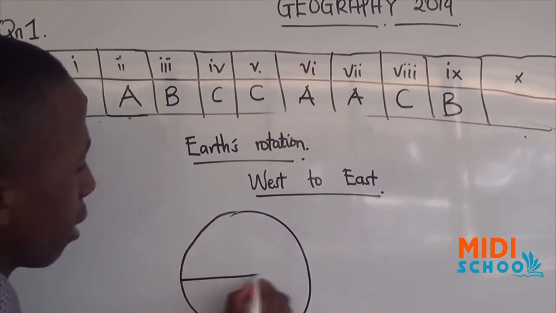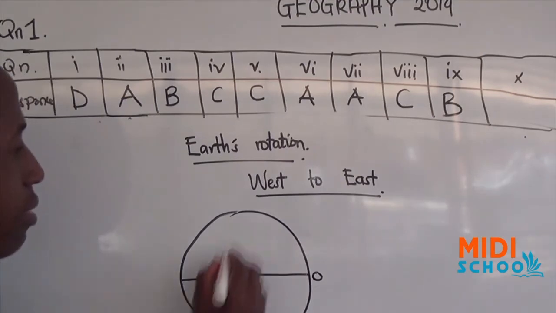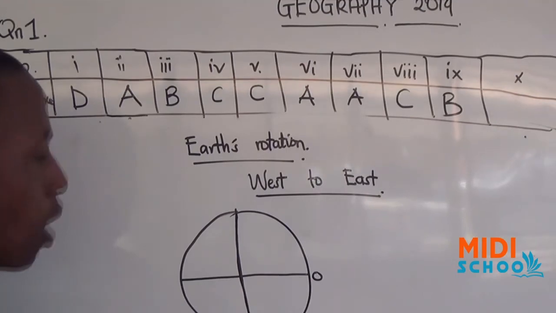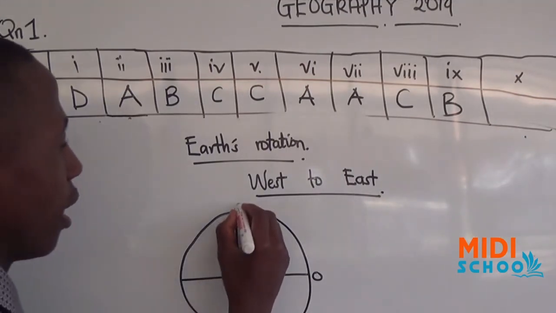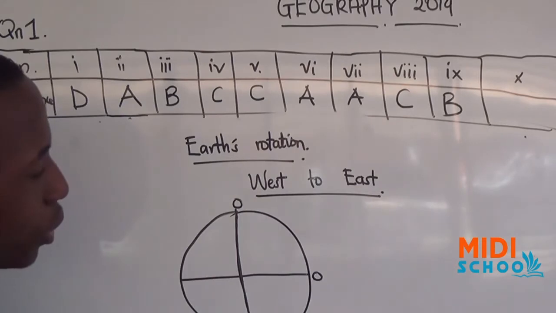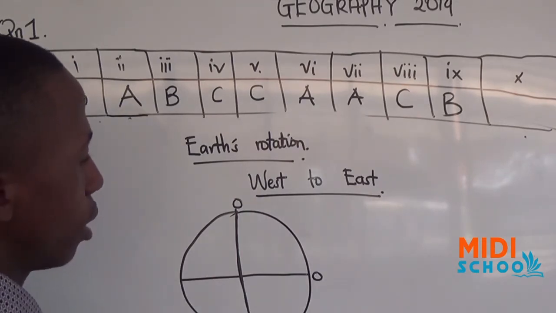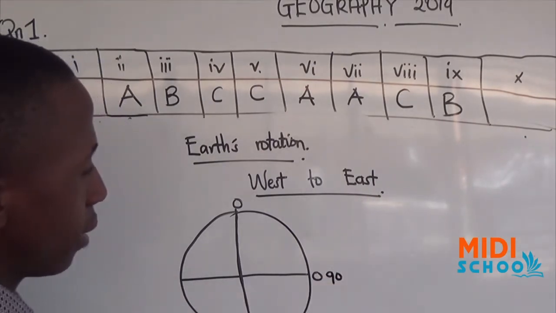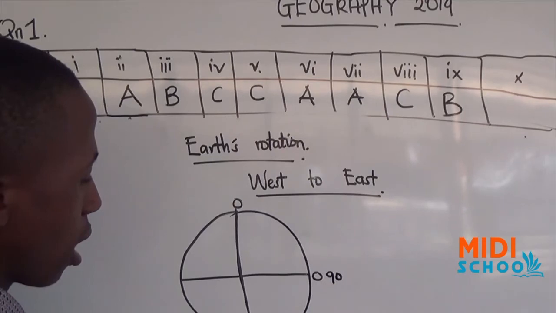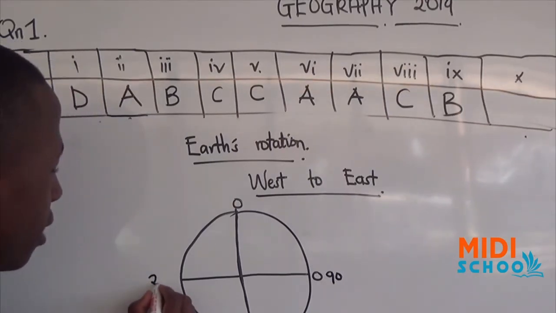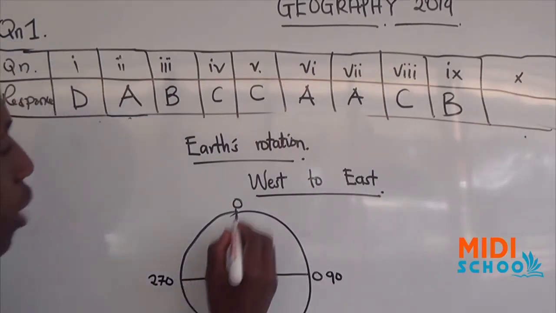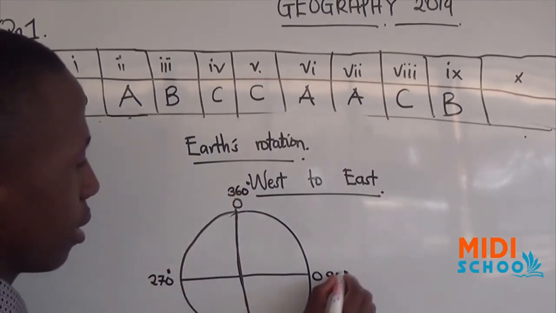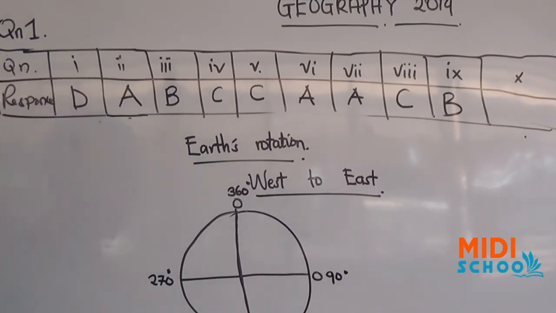if this is our Earth, this is our prime meridian. Our prime meridian, as we say, here we have 0. Here we'll have 90, here we'll have 180, here we'll have 270, and here we'll have 360.